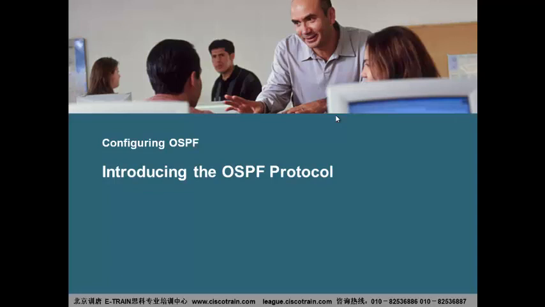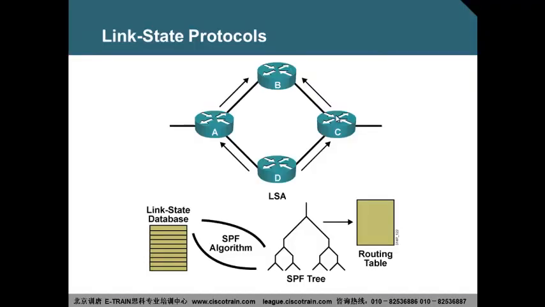They send that advertisement. Sometimes they send a tiny LSA. Sometimes they send a collection of LSAs, which is called LSU. LSU stands for link state update. A link state update is nothing but many LSAs put together.